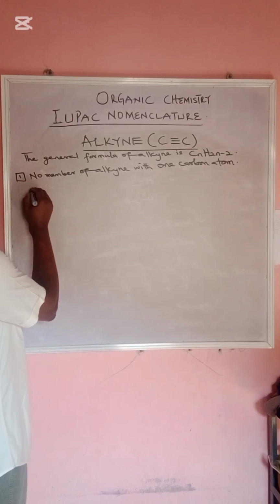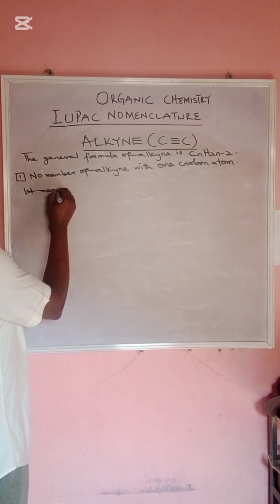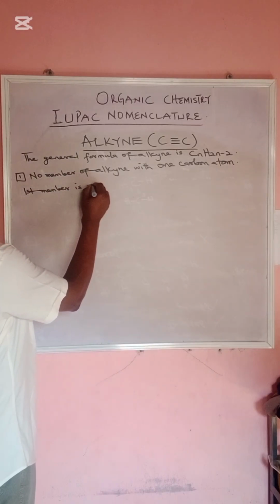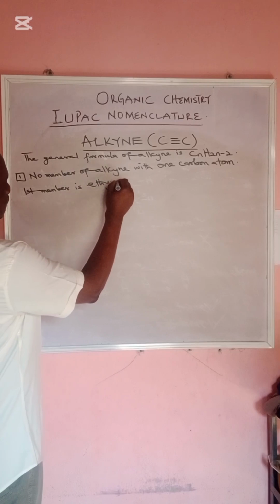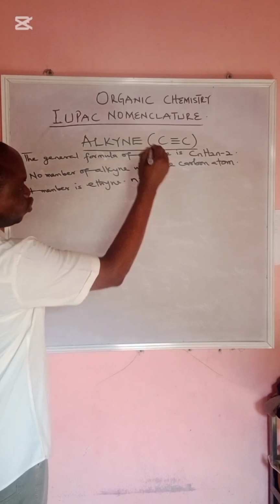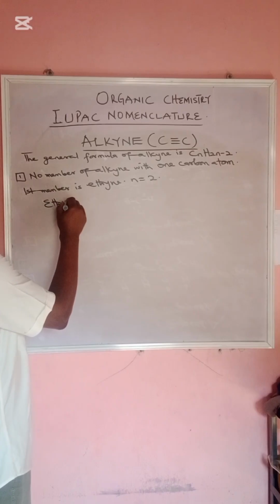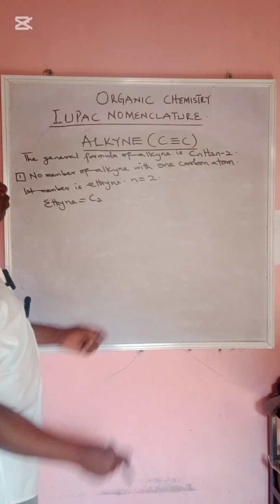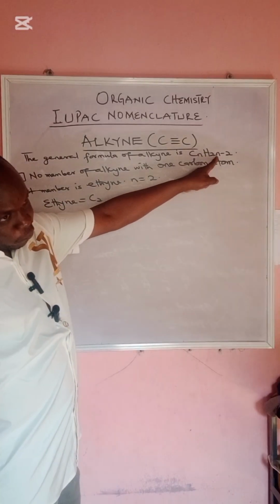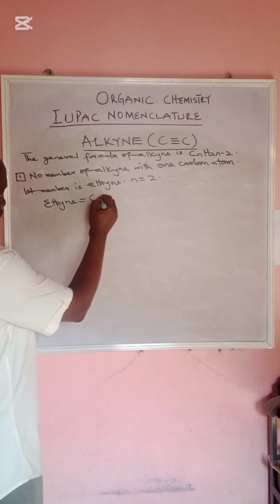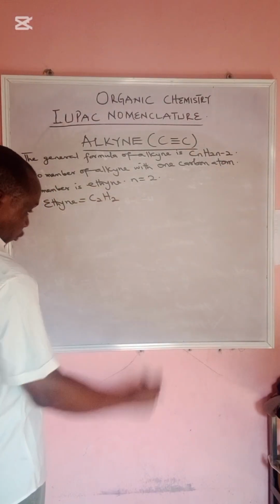So which is the first member? So first member is ethyne, meaning n is equal to 2. So the formula for ethyne will now be C2, 2 times 2, 4, 4 minus 2. So C2H2. That's the first member.